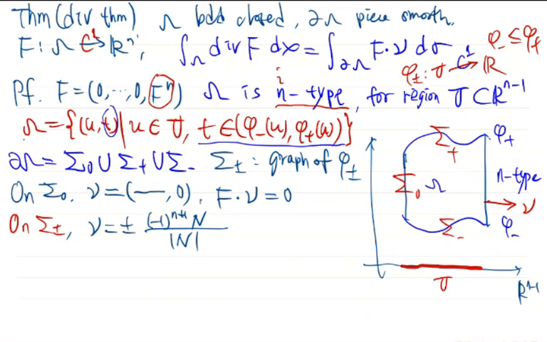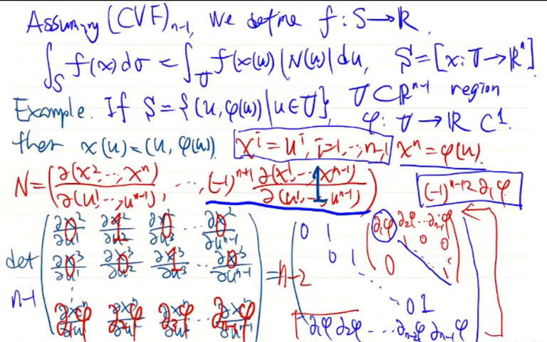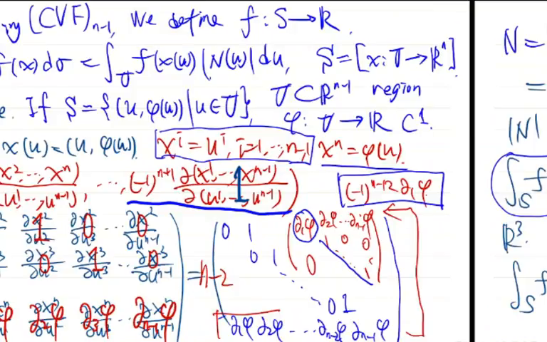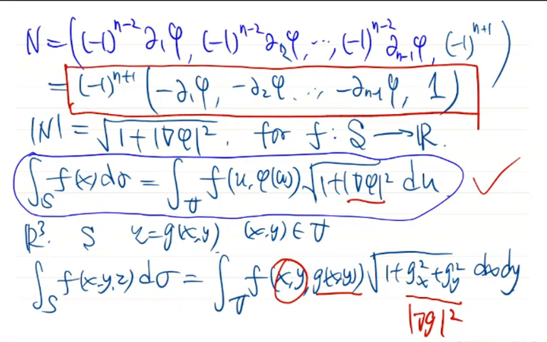We just studied this case for the graph of a function. We know that for the graph of a function, n is of this form. You have minus 1 to the n plus 1, and also the last component to be 1.